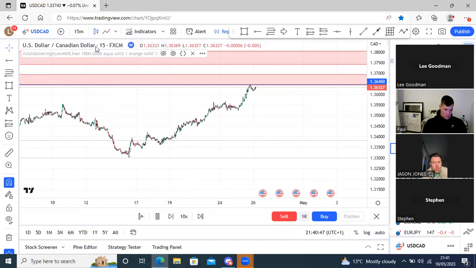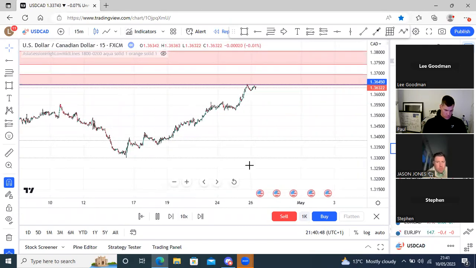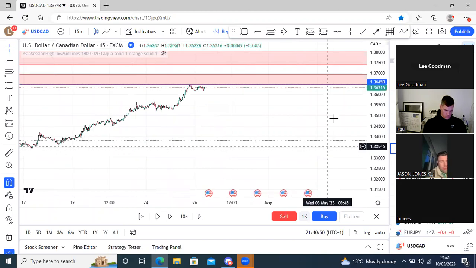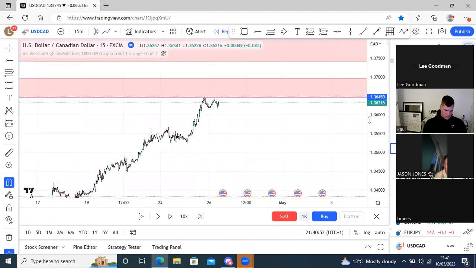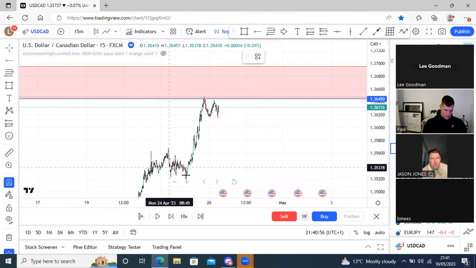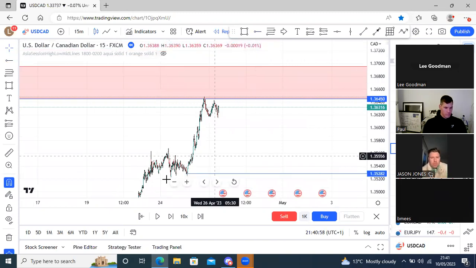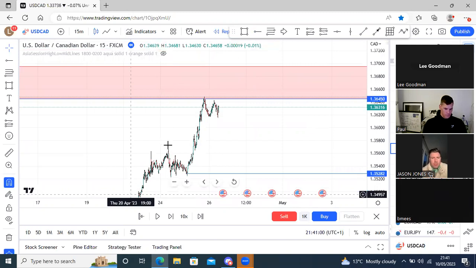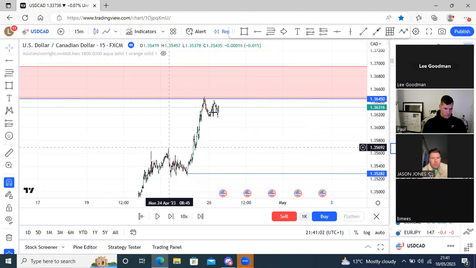I think I'd have got an alert there. So all I would do here, if it triggered yet, I've set my alert at this 15-minute structure low here. It's got a structure here, pull back.